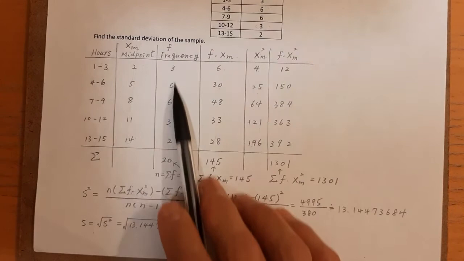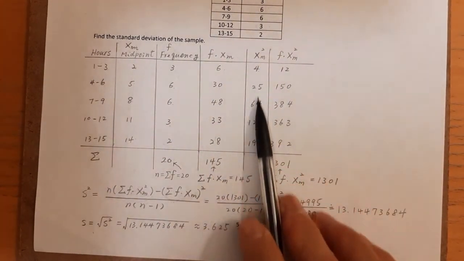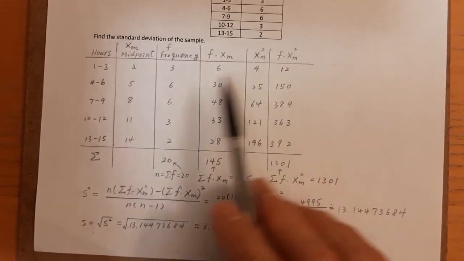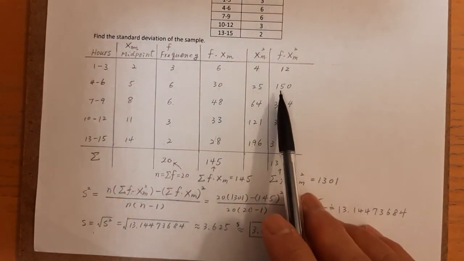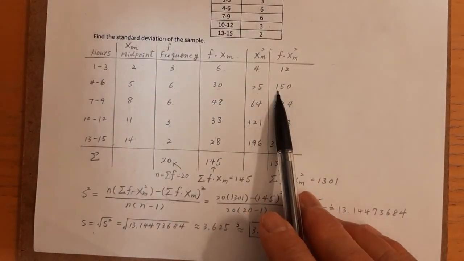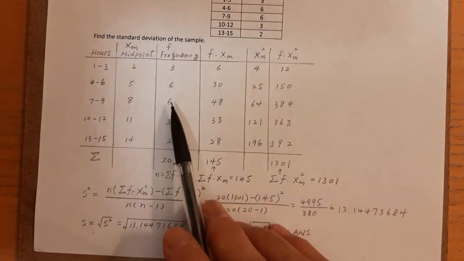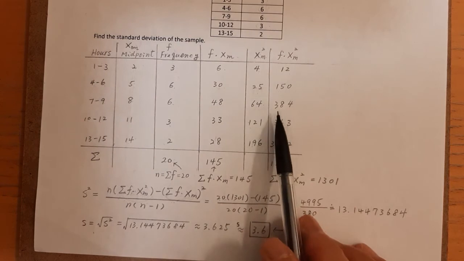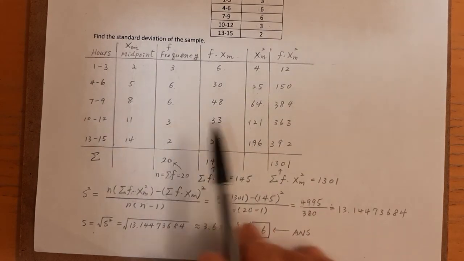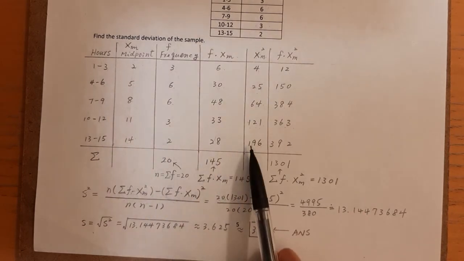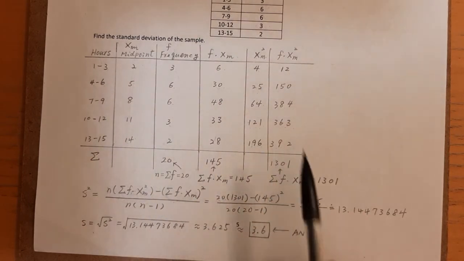Then we need to figure out f, the frequency, times xm squared. So the frequency is this column times xm squared. 3 times 4 is 12. 6 times 25, 150. 6 times 64, 384. 3 times 121, 363. 2 times 196, 392.